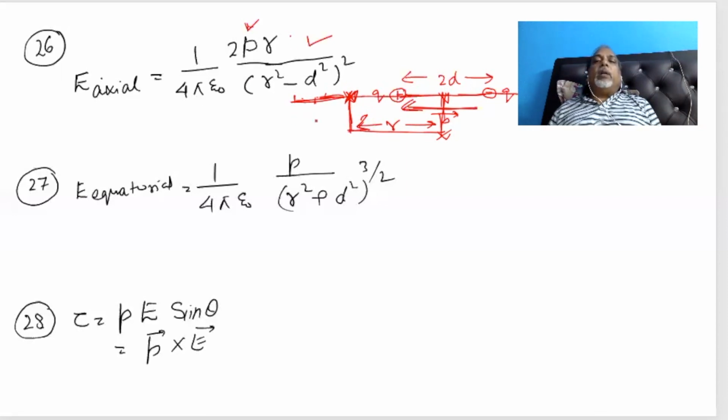You can find out the electric field at this. And this is the equatorial axis. If you want to find out the electric field at this equatorial axis, suppose at this point, then this is your r. Then this is how you can find out.